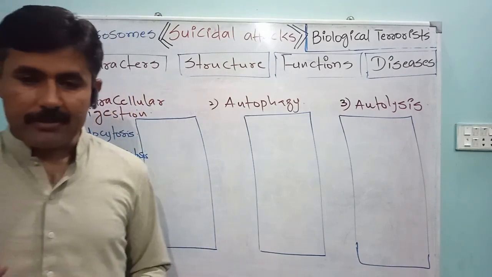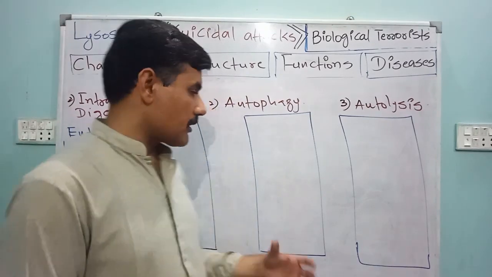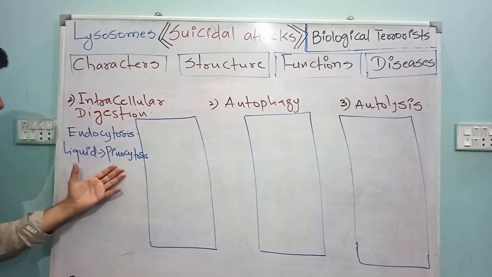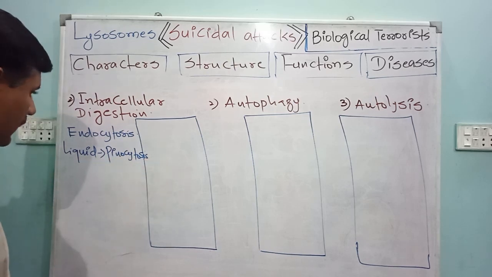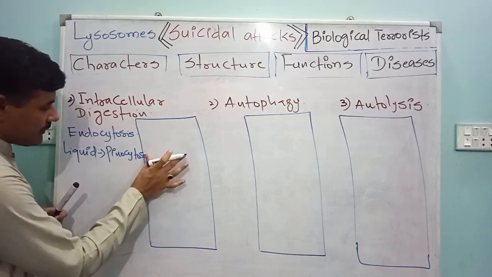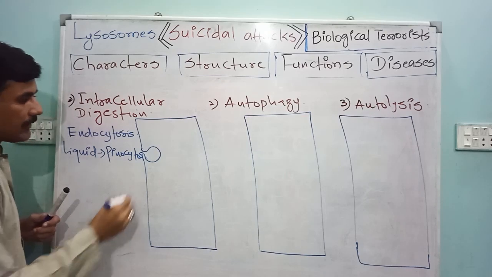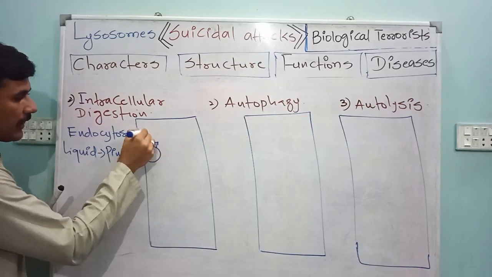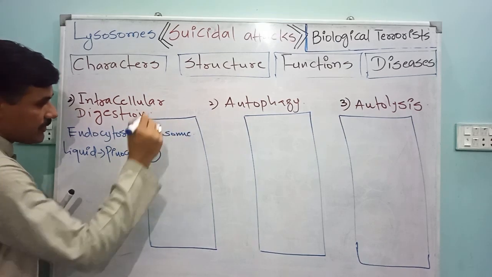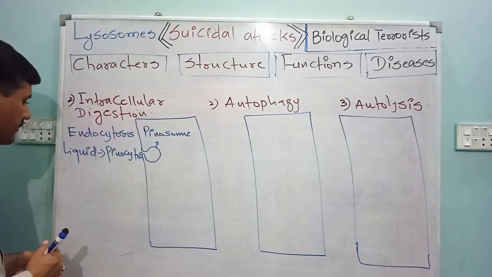Endocytosis of liquids is called pinocytosis. It invaginates the plasma membrane, and when it does, it forms a vesicle that is considered a pinosome.